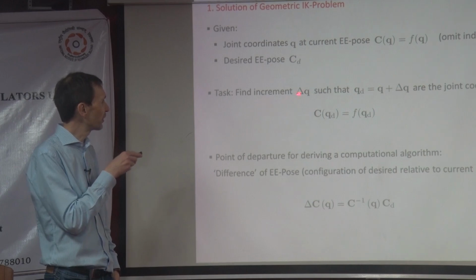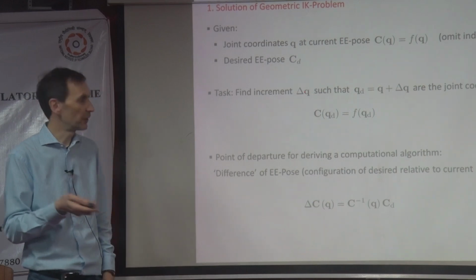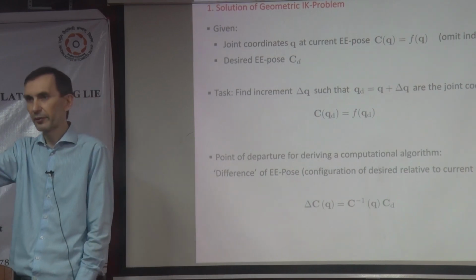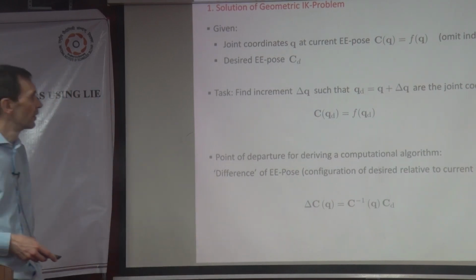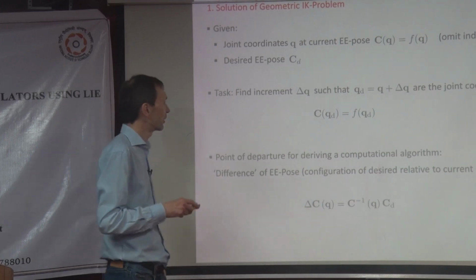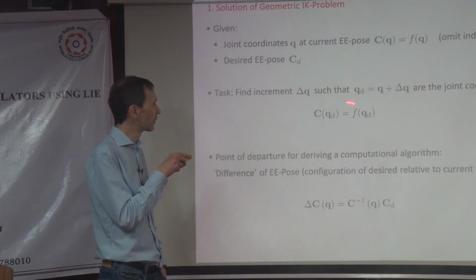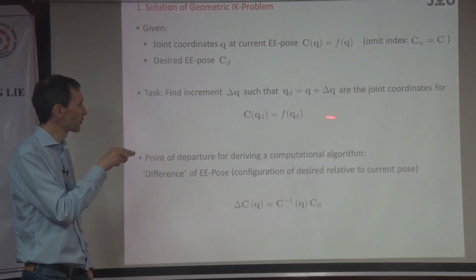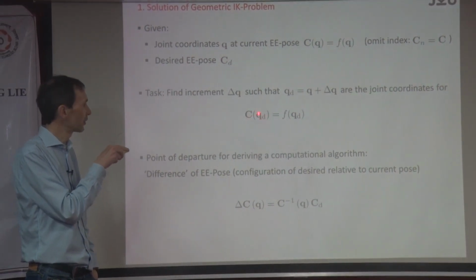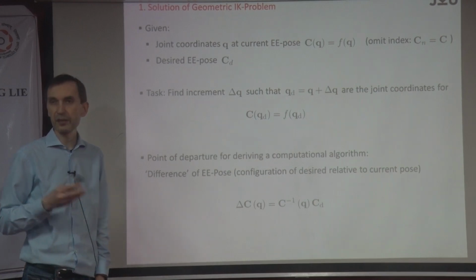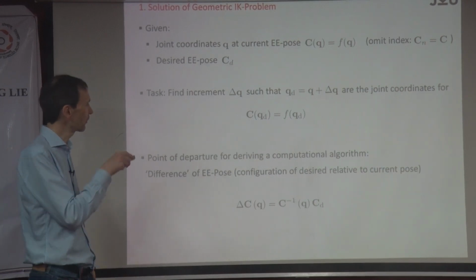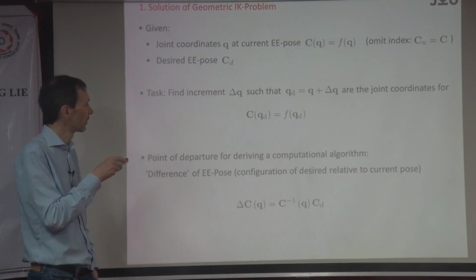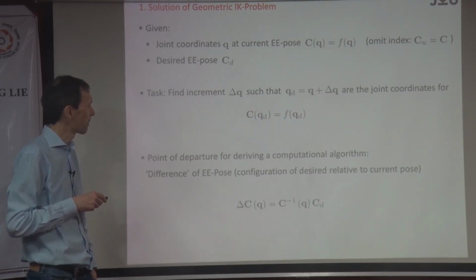So the task is to find, and you start somewhere, right? Let's say you start from some Q, the zero reference, whatever. Given this desired end effector pose, what I need to find is a QD, a joint coordinate vector, so that C of QD is equal to CD, because that's what I need to achieve.